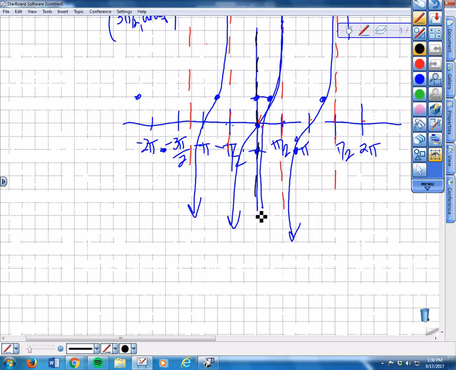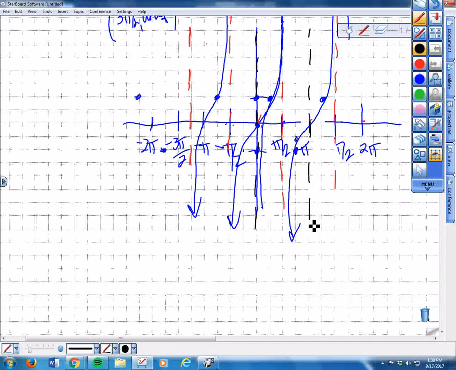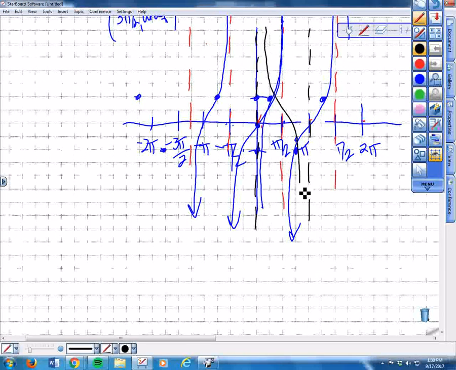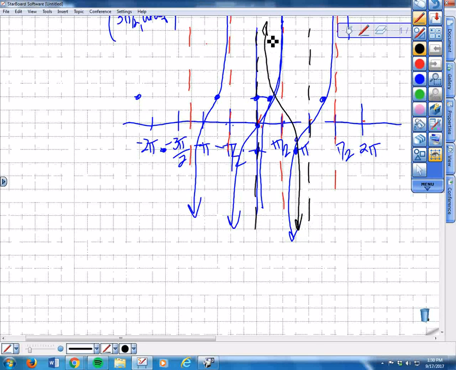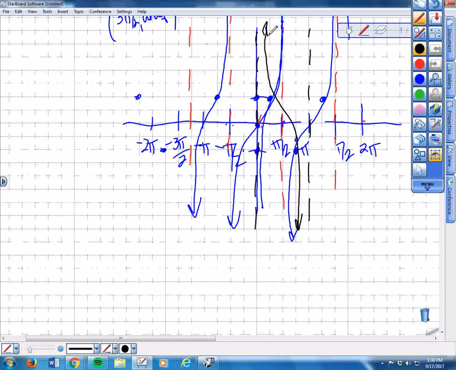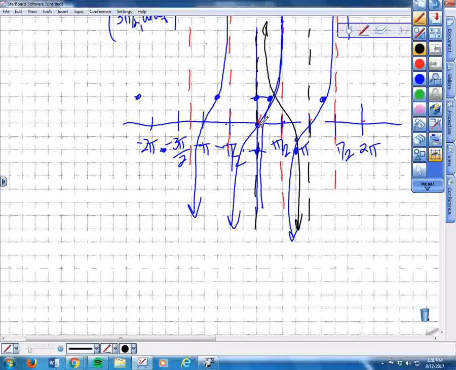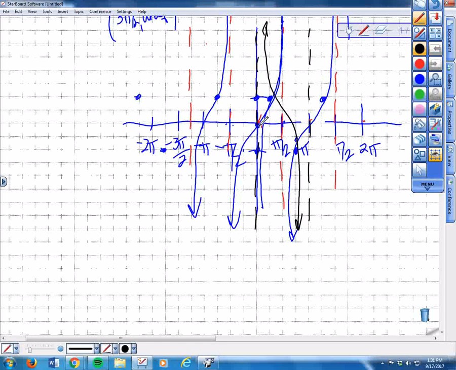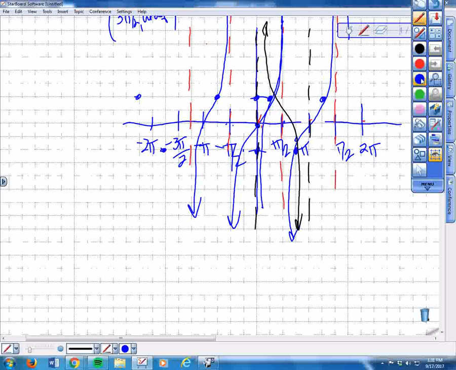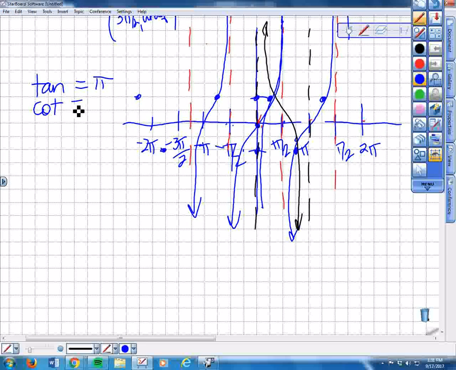So cotangent's here, here, and then your graph for cotangent is going to look like this. So the period of cotangent is pi. So the period for tangent is pi, and the period for cotangent is pi.